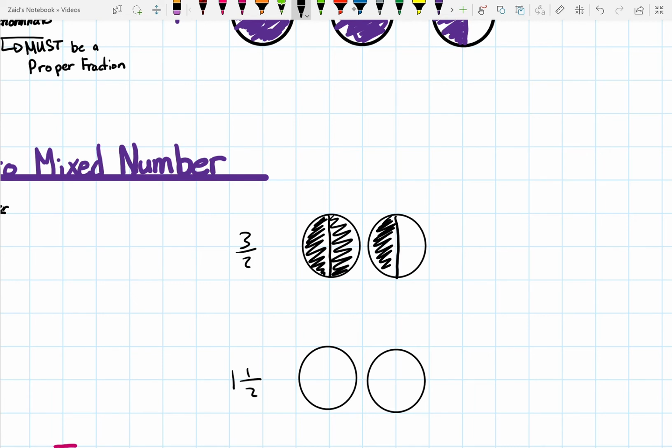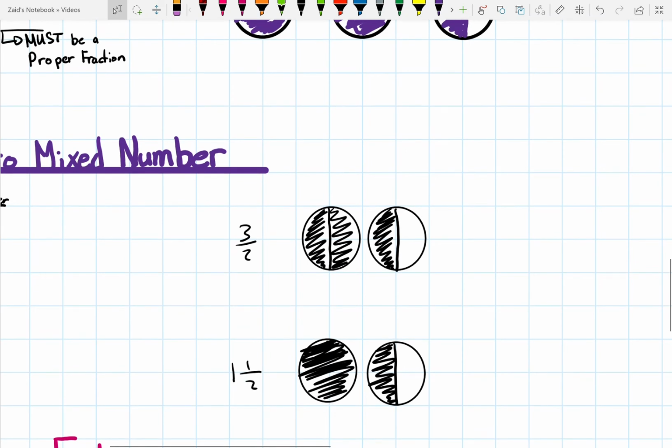So 1, 2, and 3. Now for the mixed number, it says that I already have 1 whole, so let's just draw in 1 whole, and there we go. And then it said 1/2, so I would make it into 2 parts and only shade in one of them. And you can see that they are the exact same thing.